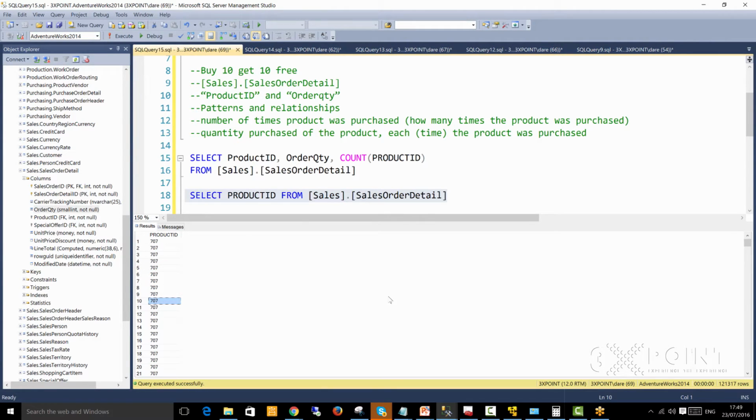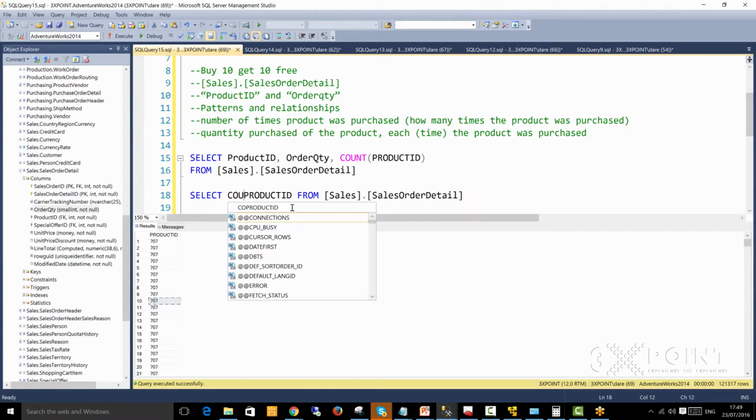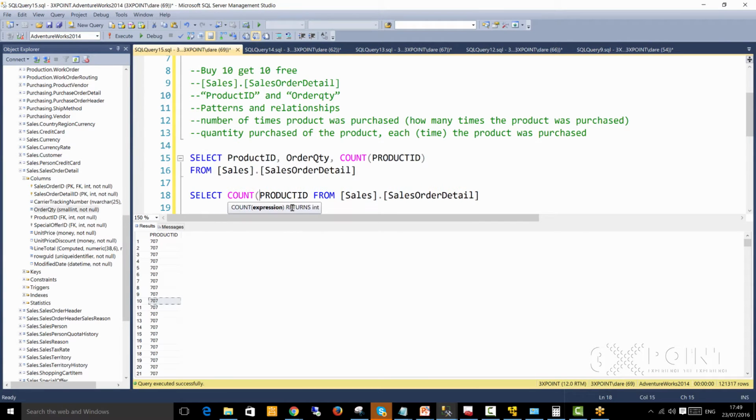That's what count does. And if you look at this, it says 121,317 rows. And if I did count, what would it return to me? Same thing.